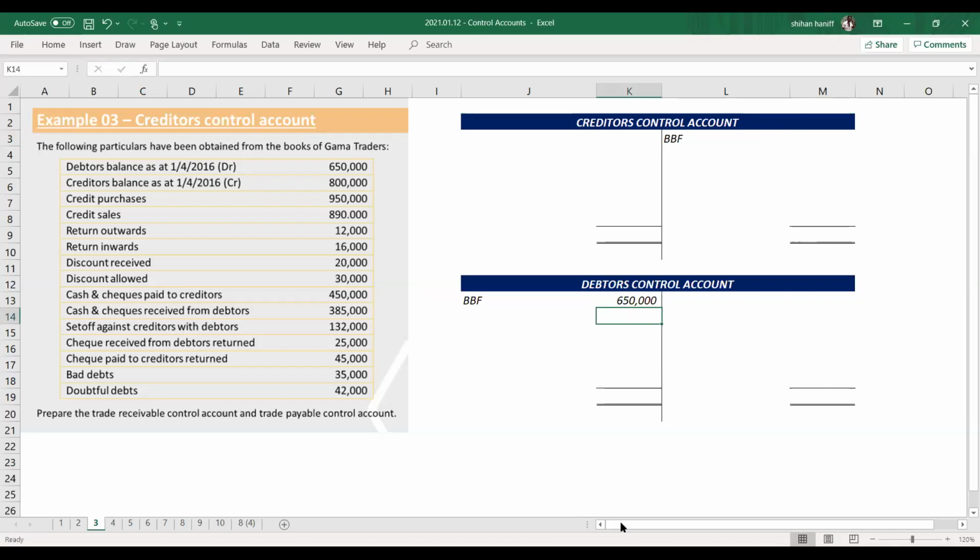What is the closing balance? Prepare the debtors control account and creditors control account.